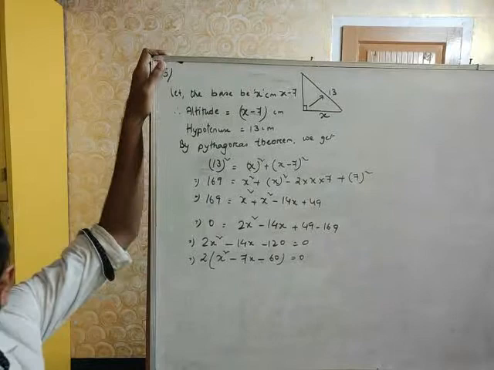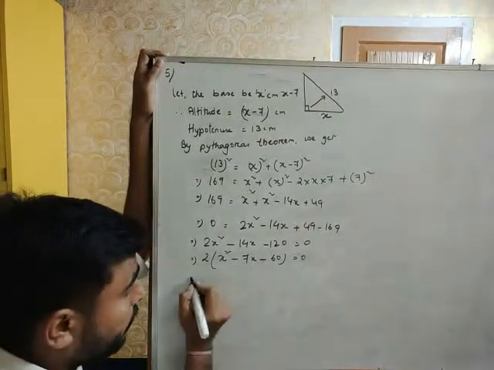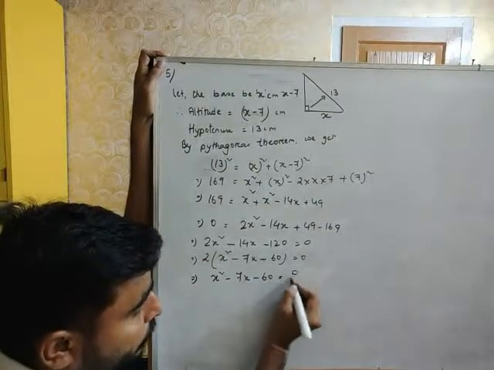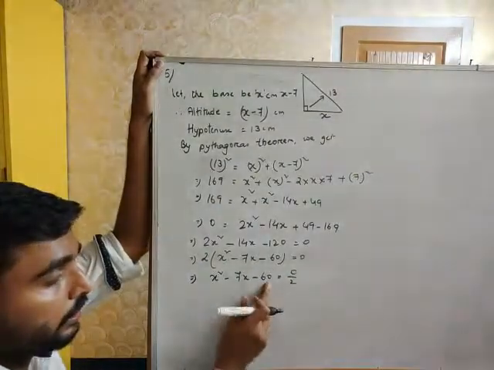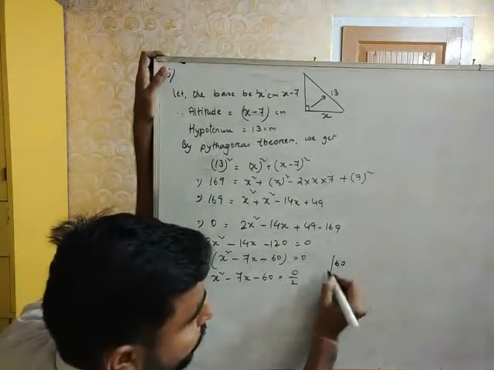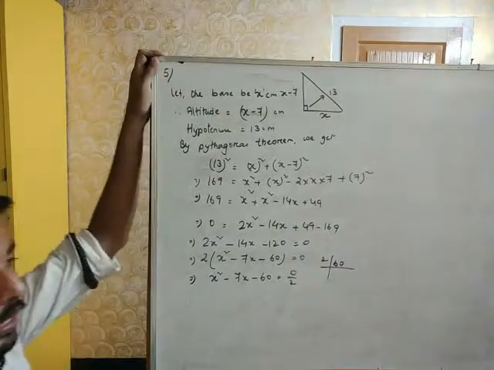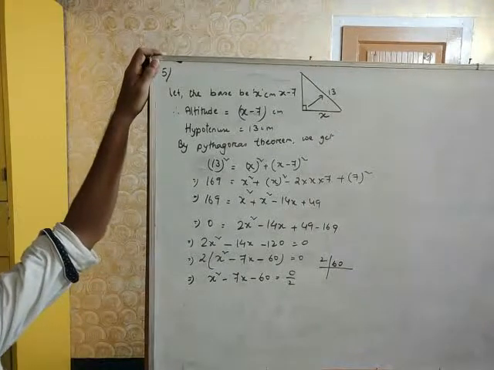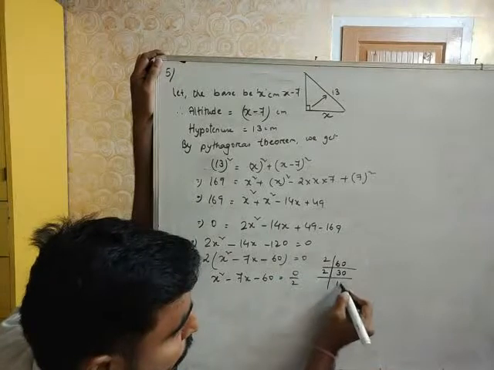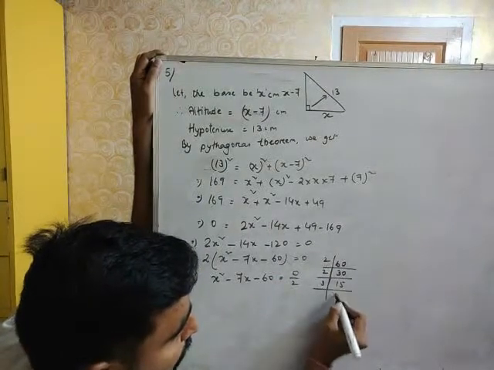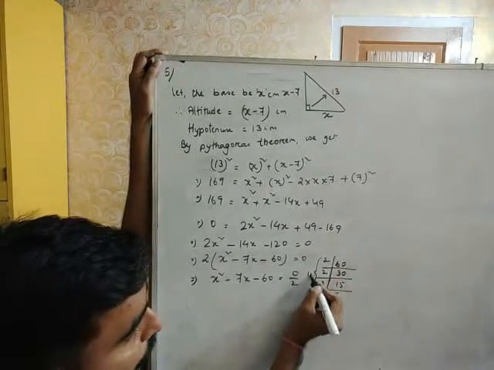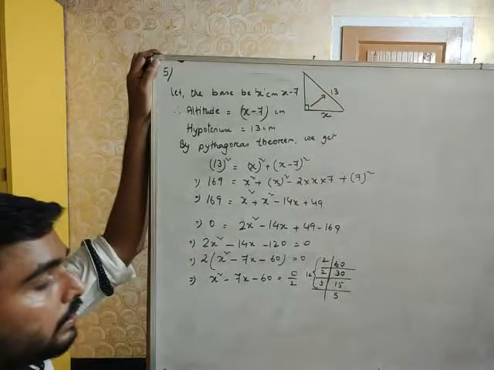Now, is it okay? 2 will be divided that side. x square minus 7x minus 60 is equal to 0 divided by 2. Constant term is 60 and coefficient of x square is 1. So we need factors of 60 such that after subtracting the factors we get 7. 30 times 2, 15 times 4, 5 times 12. 12 minus 5 is 7.